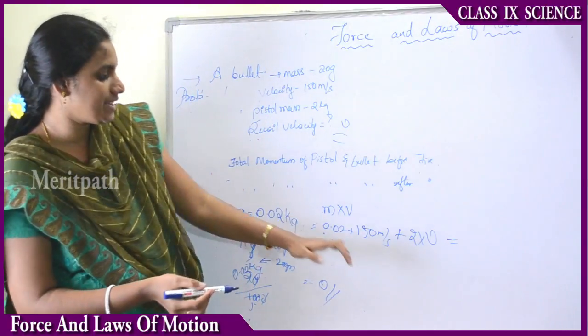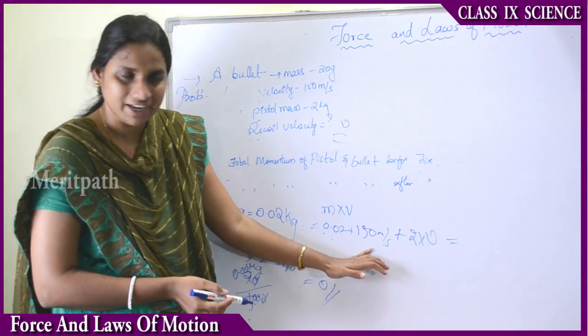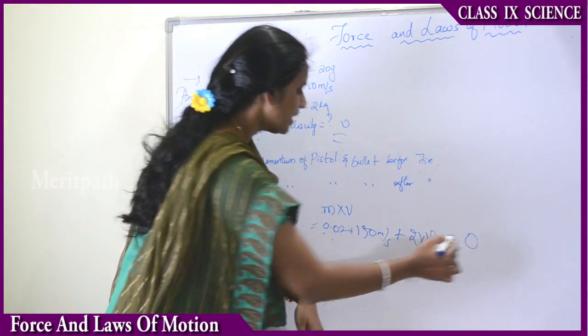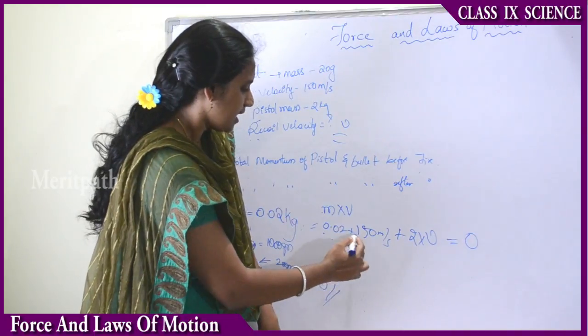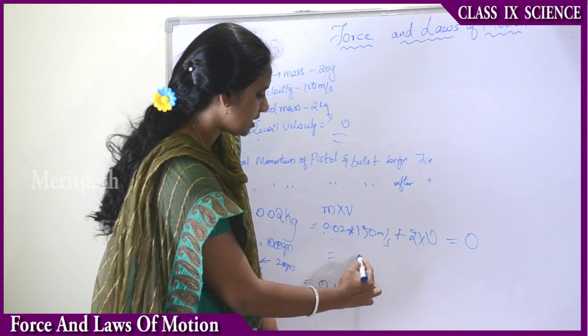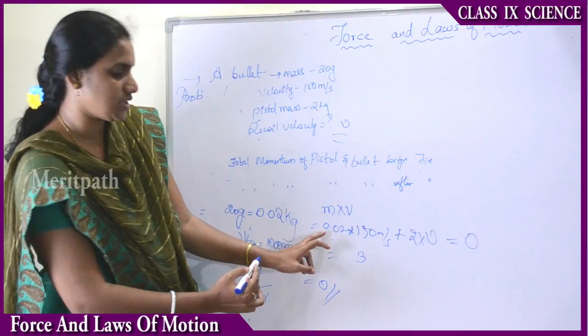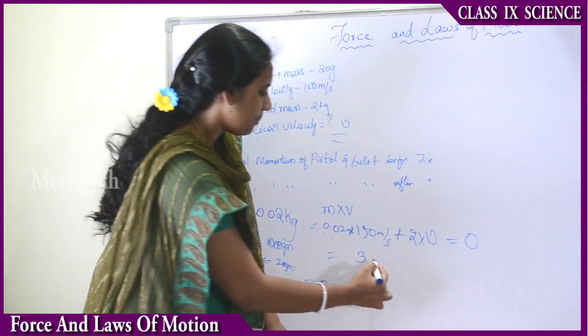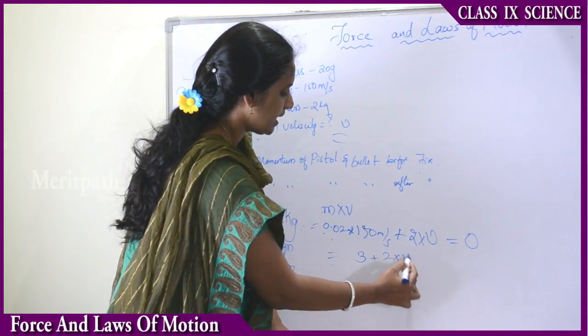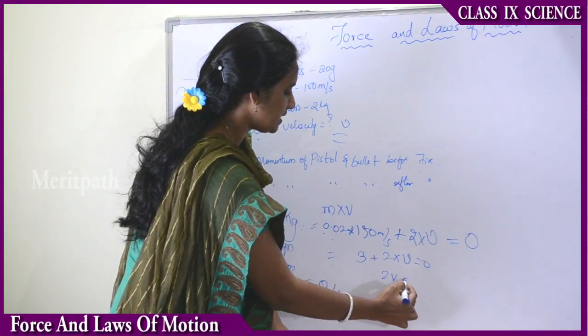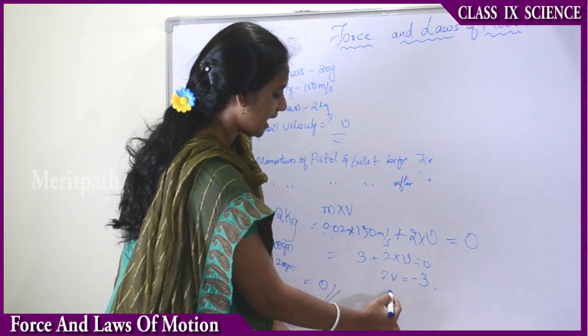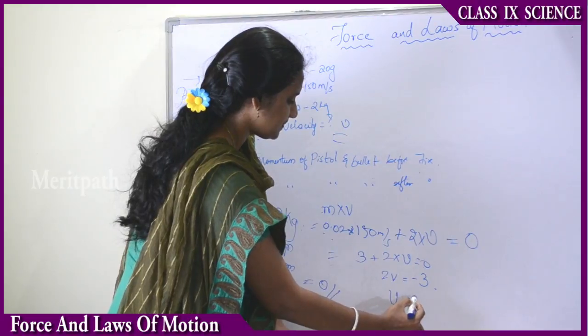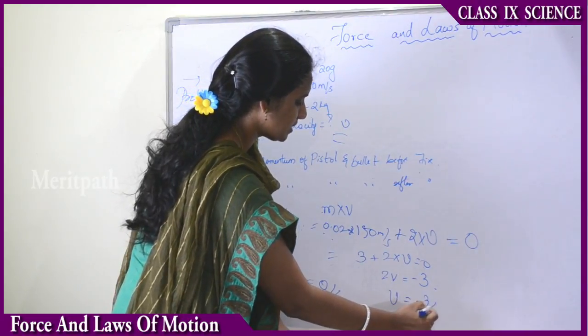So we equate the after-firing momentum with 0. So, 0.02 into 150 plus 2 into v equals 0. Therefore 2v equals minus 3 and v equals minus 3 by 2.